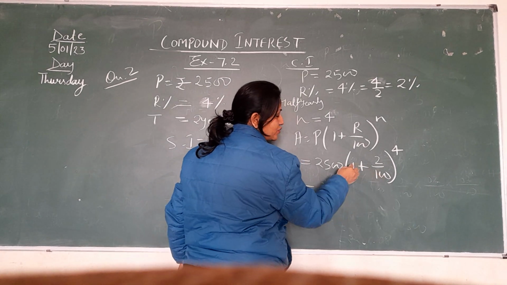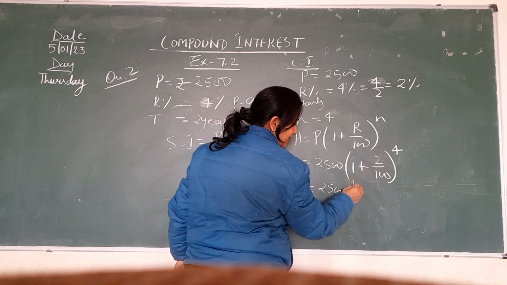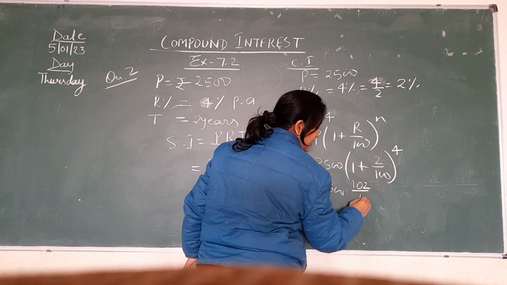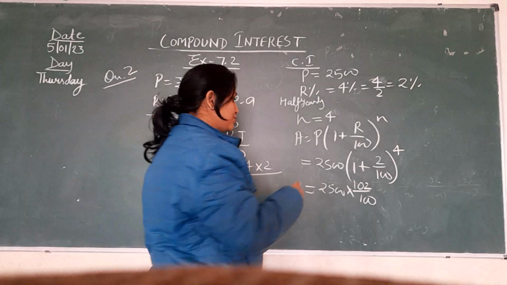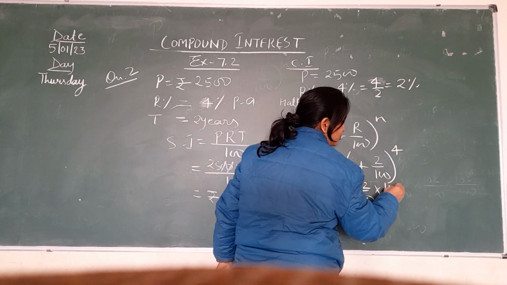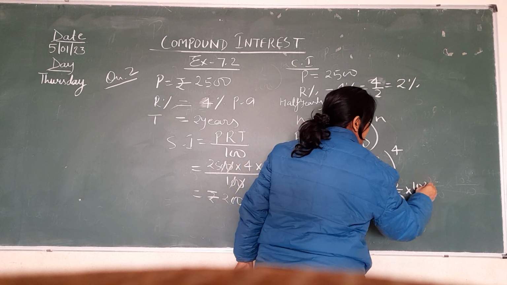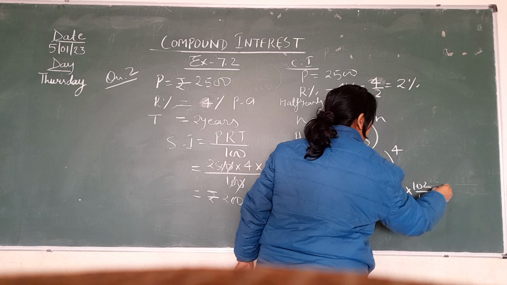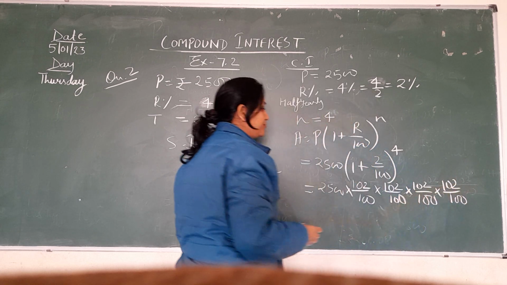2500, 100 plus 1, that is 100 upon 100, and 100 plus 2, 102. So 102 upon 100, how many times? According to your power, 4 times. So 102 upon 100, 102 upon 100, and 102 upon 100. You will write this 4 times because the power is 4.